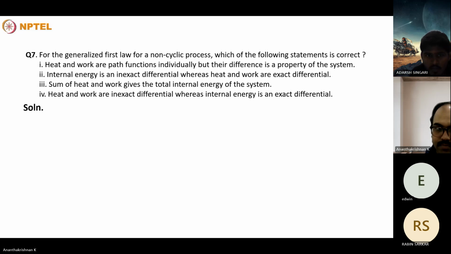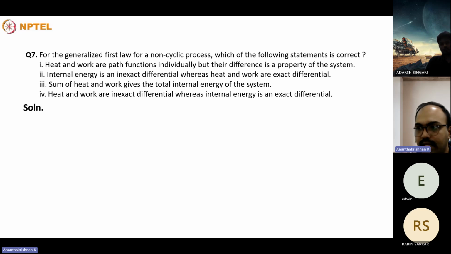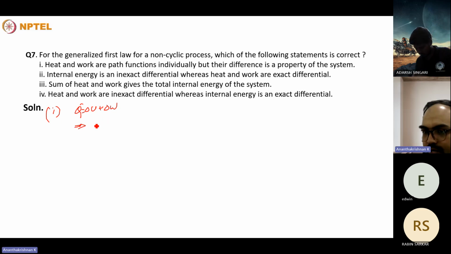Yes, sir. For the generalized first law of a non-cyclic process, which of the following statements is correct? Heat and work are path functions individually, but their difference is a property of the state. Yes, this is right. Q is equal to delta U plus W. Q and W depend on the path, these are path functions.